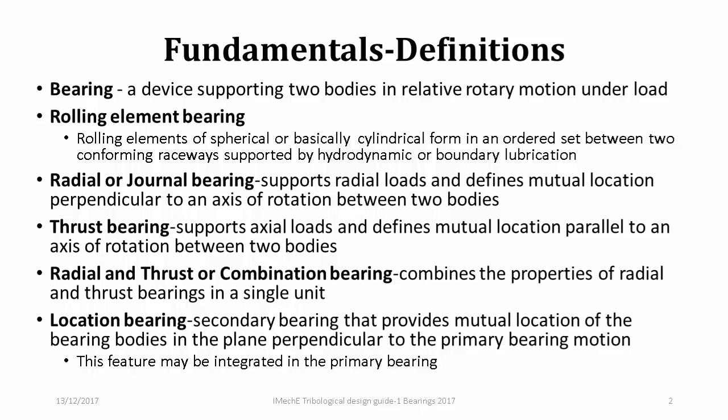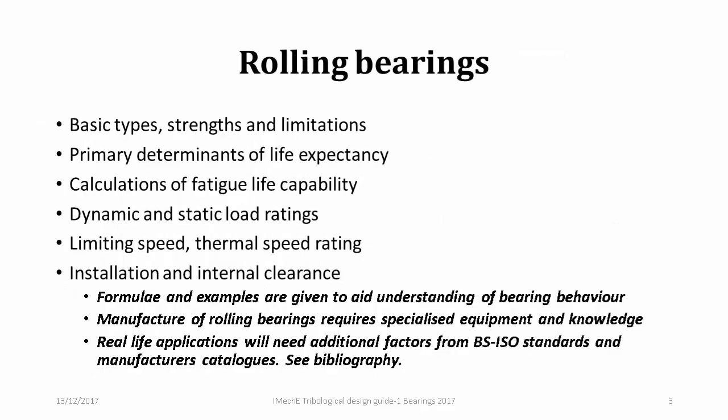So I'm going to talk about rolling bearings, the basic types, their strengths and limitations, the primary determinants of life expectancy, calculations of fatigue life capability, dynamic and static load ratings, limiting speed, the concept of thermal speed rating, and installation and internal clearance issues.